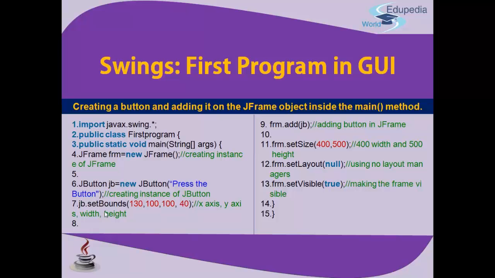We had just understood the methods used to set the boolean values for visibility. Now this is the first method which I did not include in the previous video. jb is going to be setting the bounds: x-axis, y-axis, width and height. jb is an object of the button, so jb.setBounds means you are setting the length, height and coordinates, x and y axis.